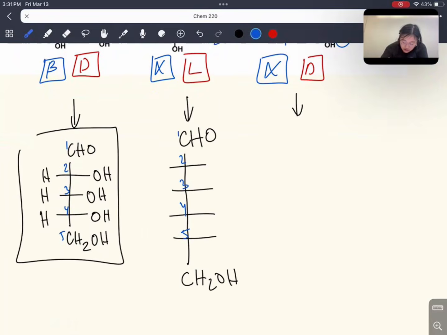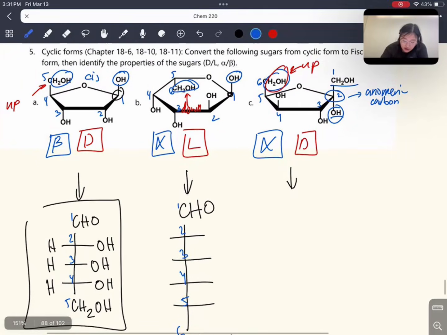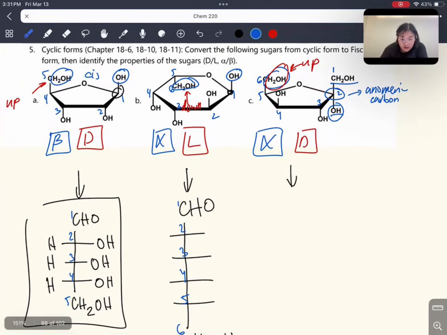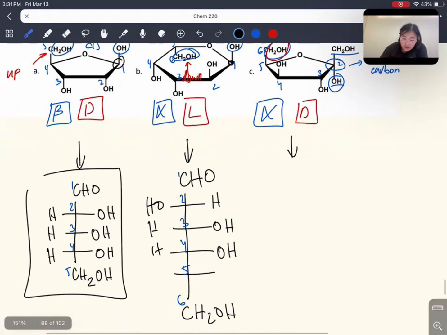For carbons 2 through 4, we look at the location of the OH, whether it's pointed up or down, and based on that, draw our OH group on the right or left. On carbon 2, our OH group is pointing up, which means it goes on the left. On carbon 3, our OH group is pointing down, so it goes on the right. On carbon 4, our OH group is pointing down, so it goes on the right. And then finally, since we have an L sugar, that means our OH group on our bottommost chiral carbon will be located on the left.